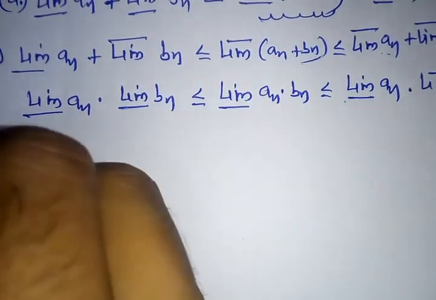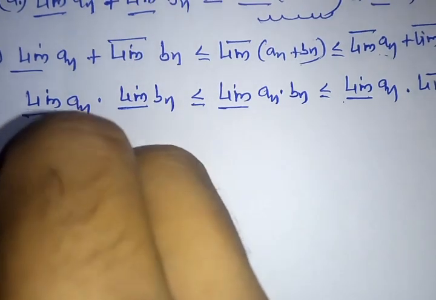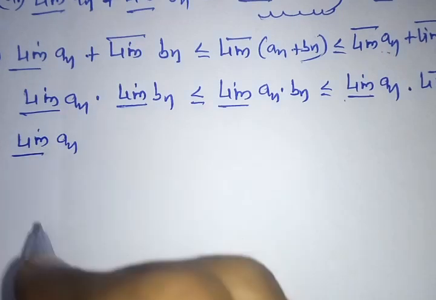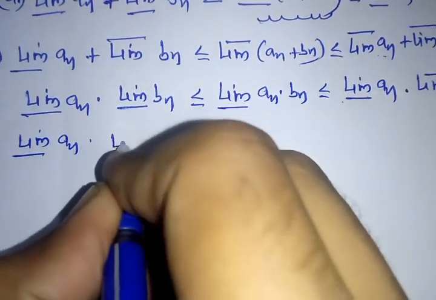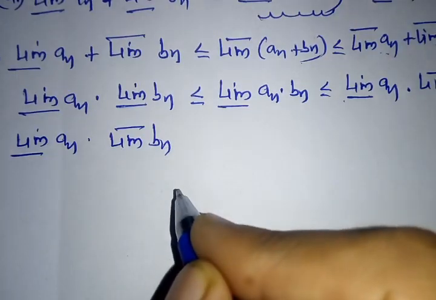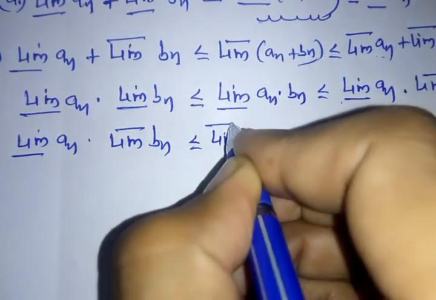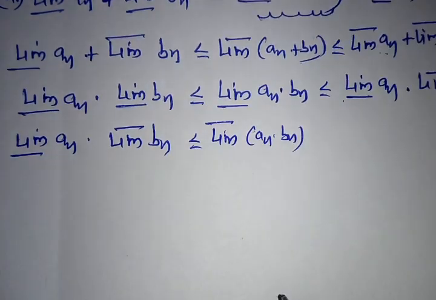Next property: limit inferior of an into limit superior of bn is less than or equal to limit superior of an into bn.